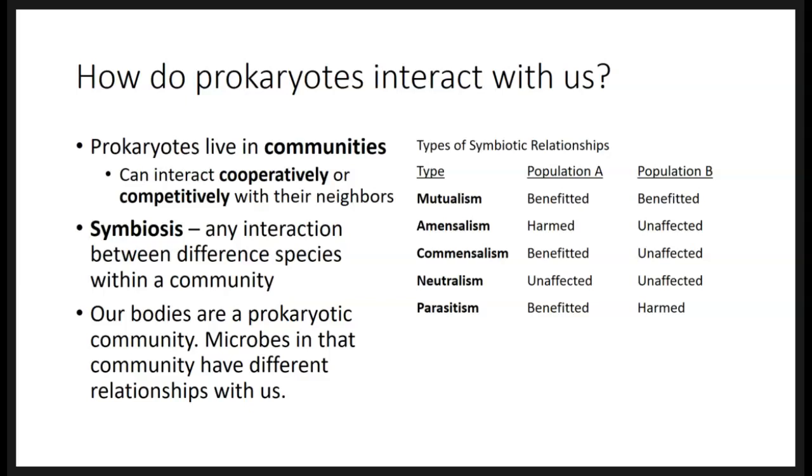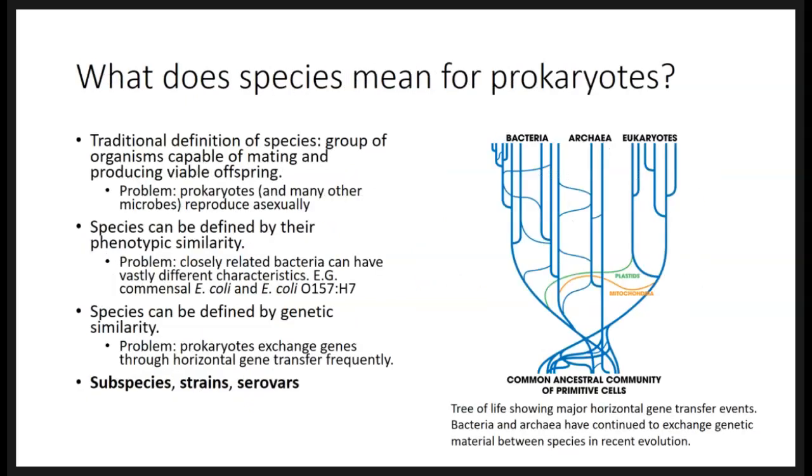So we might have many bacteria and microbes that live in us that really don't do us much good or bad one way or the other, but those microbes do have a warm place to live. Neutralism is when neither organism, even though they interact, has any net effect on each other. And then parasitism is a relationship where one organism is benefited and the other organism is harmed. The pathogens that we'll talk about in this lecture and the next have parasitic relationships with us.